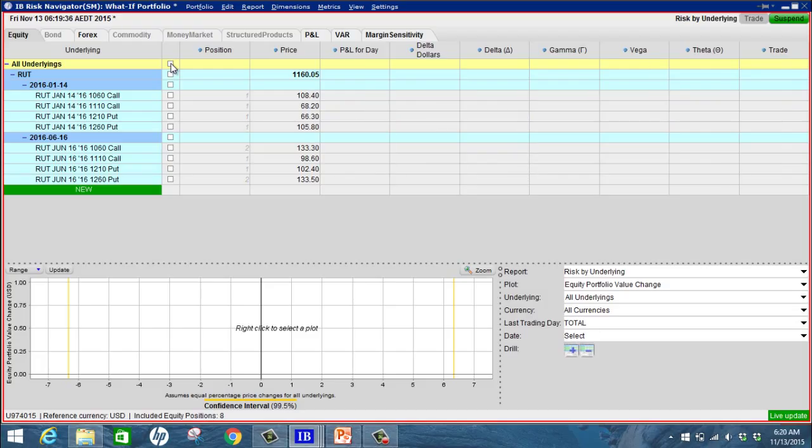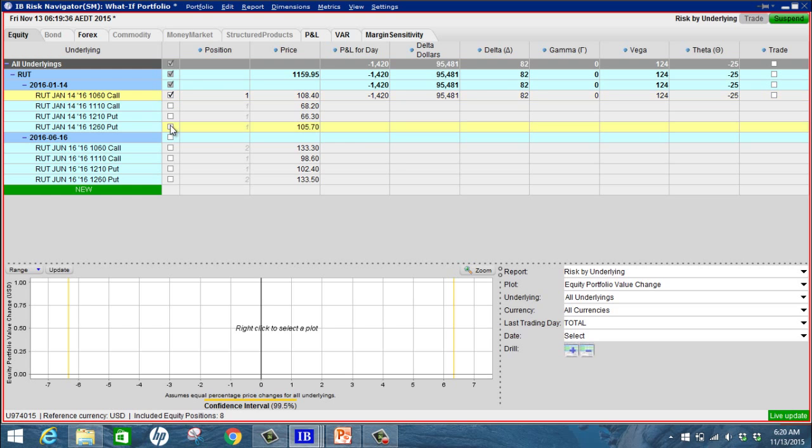So what we can do now is just look at these trades individually. So starting off with the January 1060, 1260. In the previous video we talked a lot about the Greeks, so this is a great place to come in and analyze your Greeks. You can see our delta is slightly negative, -8, Vega of 200 and Theta of -33.